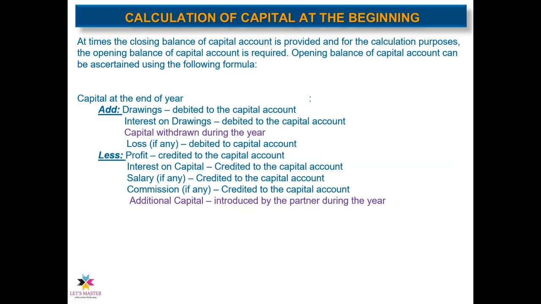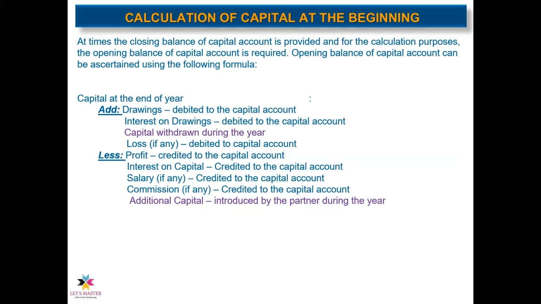And taking the closing balance of the partner's capital account as base, you need to find out the opening balance of the capital account. So in order to do that, all the amounts which have been recorded on the debit side of the partner's capital or current account will be added.